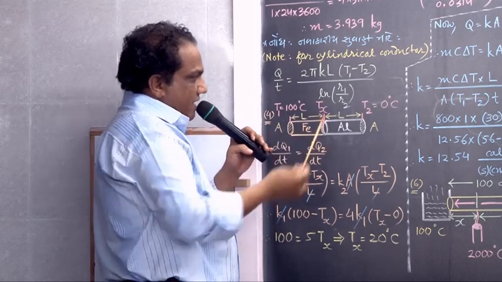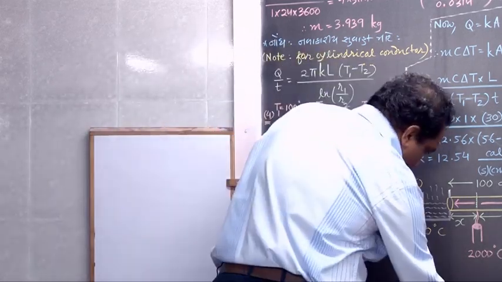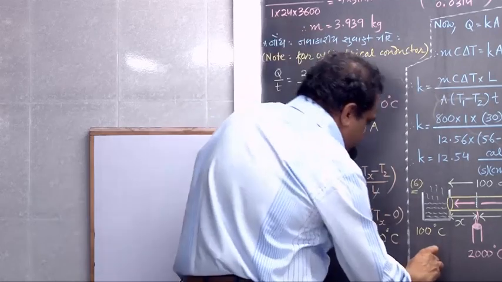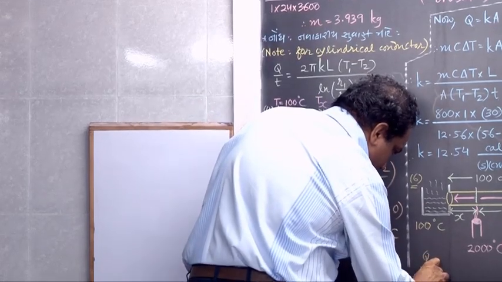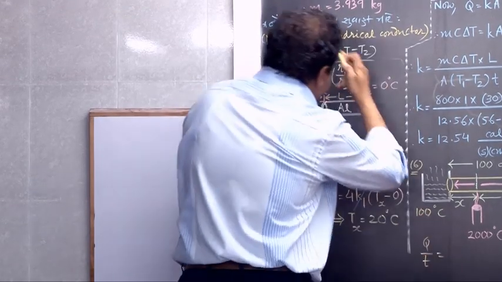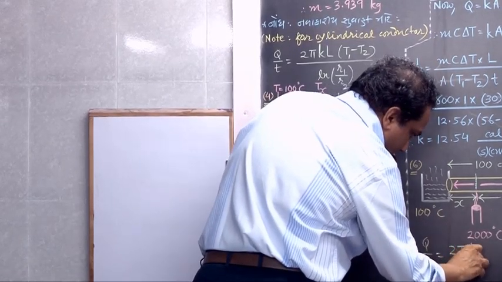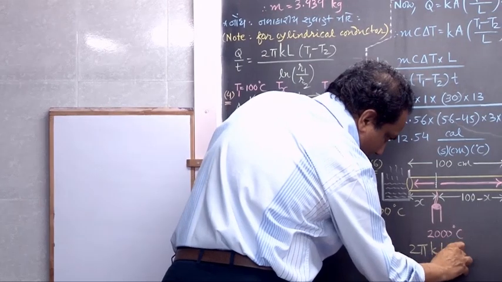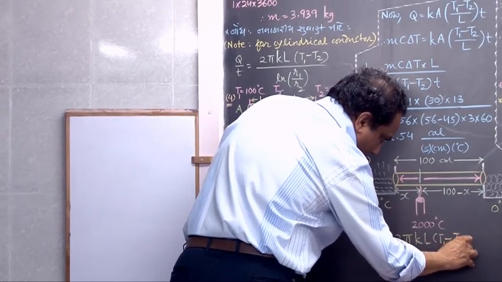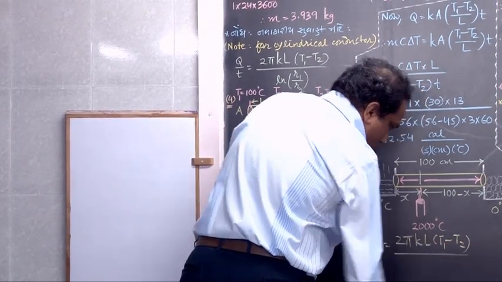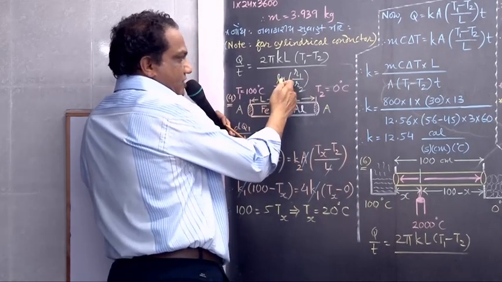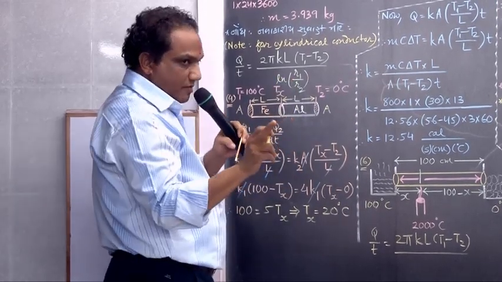So here what can I write? Q upon d as it is. In the numerator, 2 pi K L into T1 minus T2 as it is. But in the denominator, instead of natural logarithm, I want logarithm to the base 10.